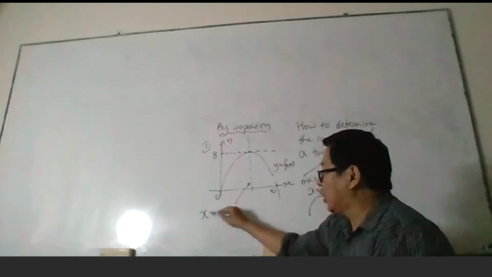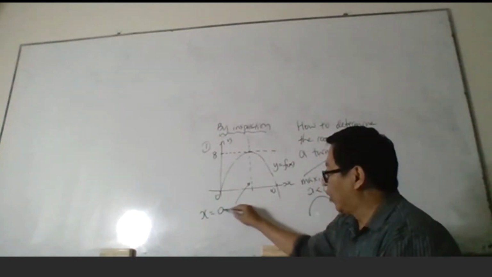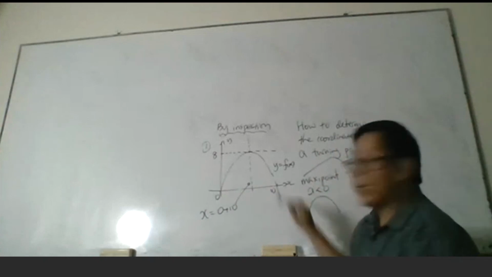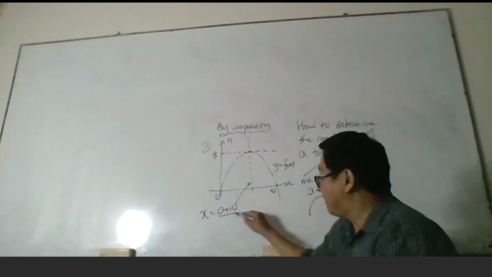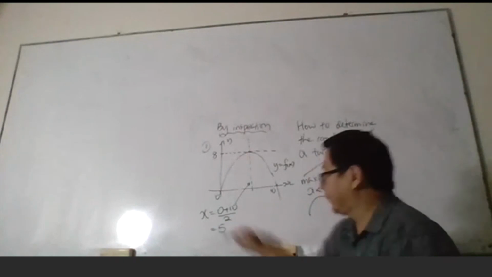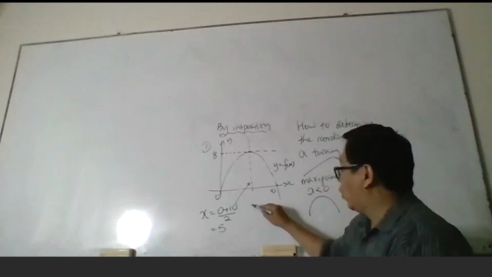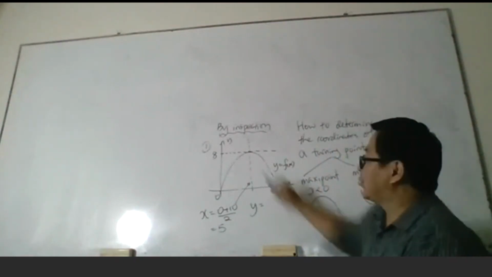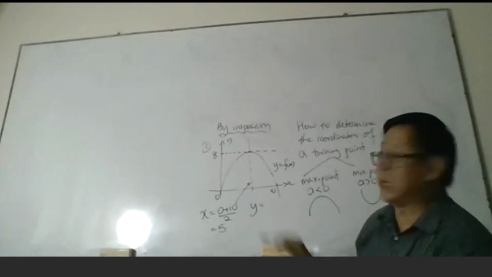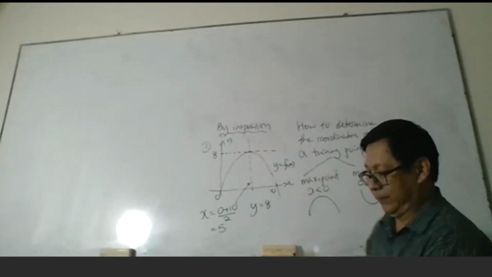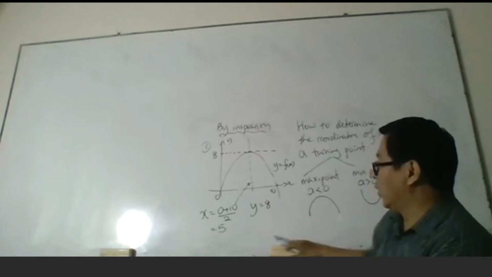I'm going to use x equals 0 plus 10, the average of the two x-intercepts, so you get 5. And the y coordinate represents the maximum value of the curve. That's your 8, the maximum value.